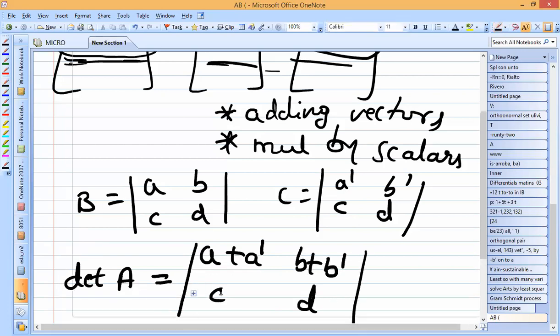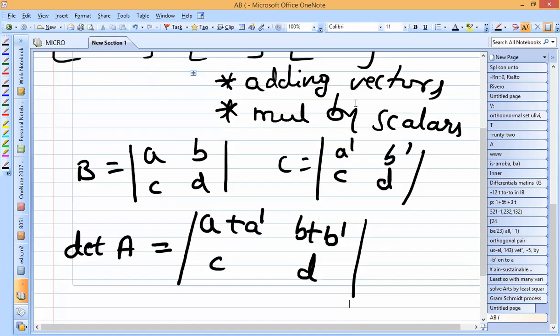As I told, the first row elements of the matrix A are obtained by the linear combination of the first rows of B and C. So here we have A, B and A dash, B dash as the elements of the first rows of B and C. By considering the adding vectors rule, we can write the first row element for the matrix A as A plus A dash, B plus B dash, and the second row elements will remain the same, C and D.